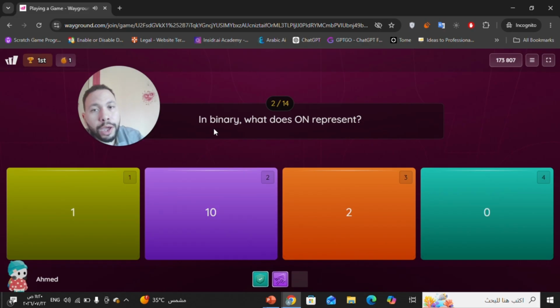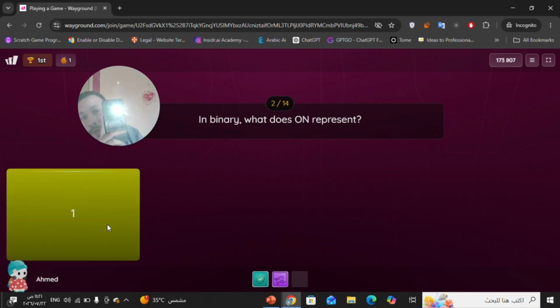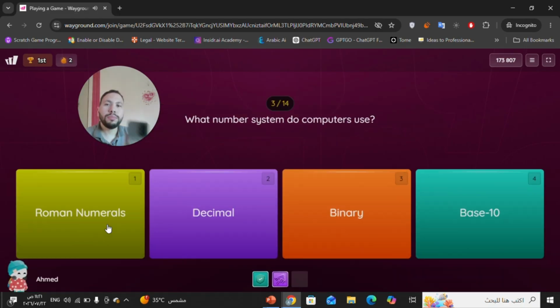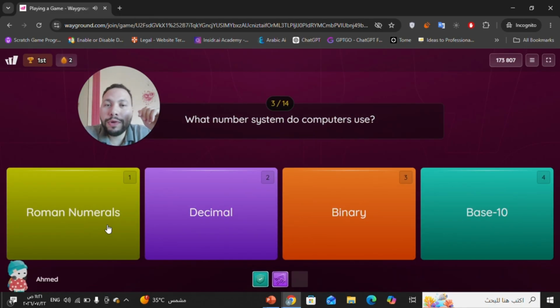In binary, what does on represent, 0 or 1? Who remembers? On. Exactly, 1. What number system do computers use?